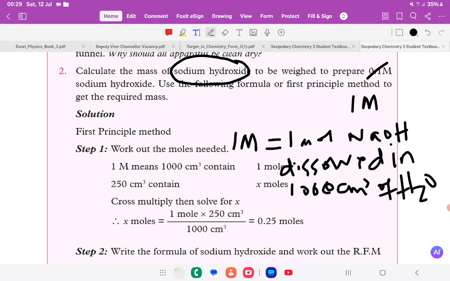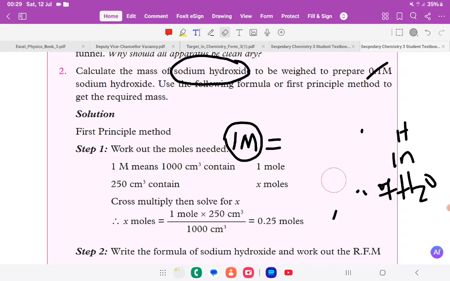When you take 1 mole of sodium hydroxide and dissolve it in 1000 cubic centimeters of water, you have made a solution of 1 molar. That's the meaning of 1 molar you need to know.